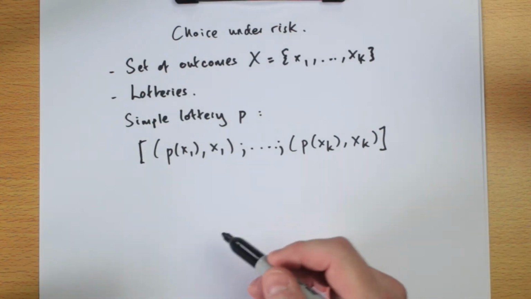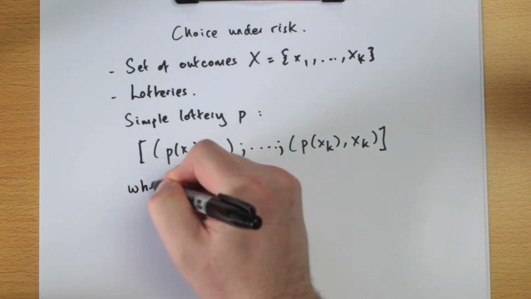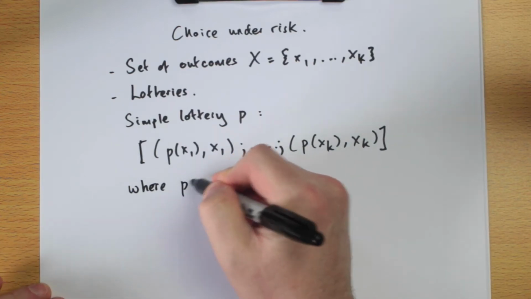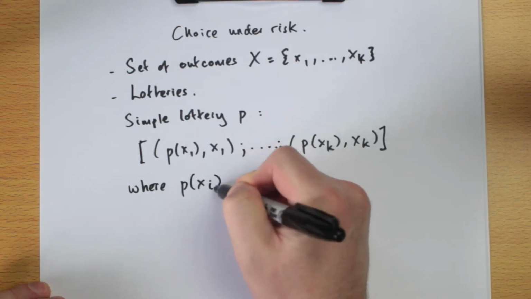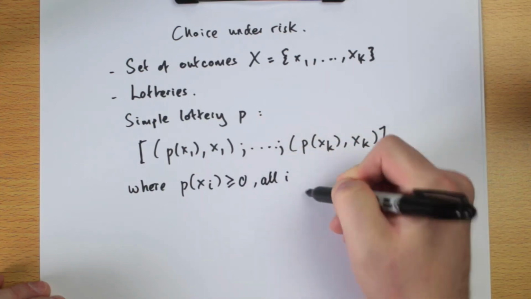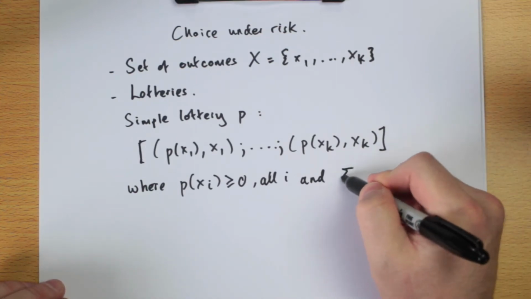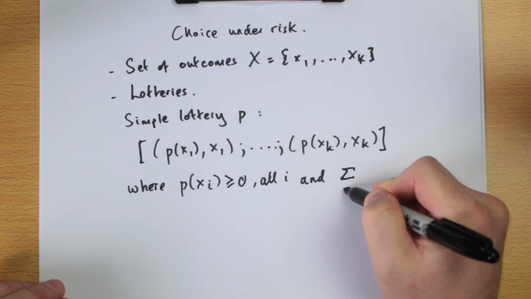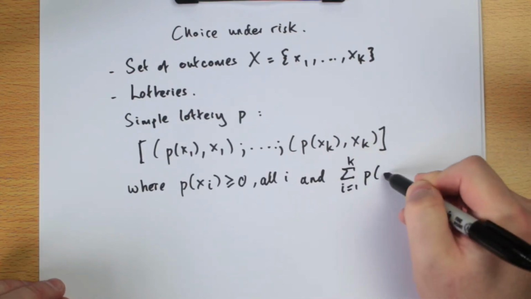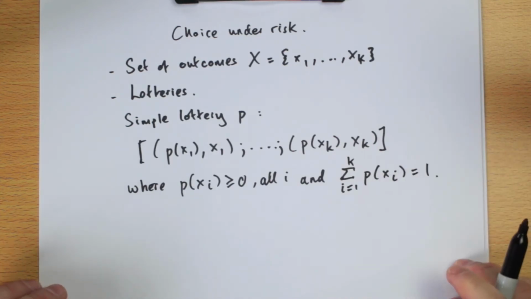Of course, since these are probability numbers, we need some basic housekeeping, where p(xi) is non-negative for all i. And if I add them all up, from i equals 1 up to k, these probability numbers add up to 1.